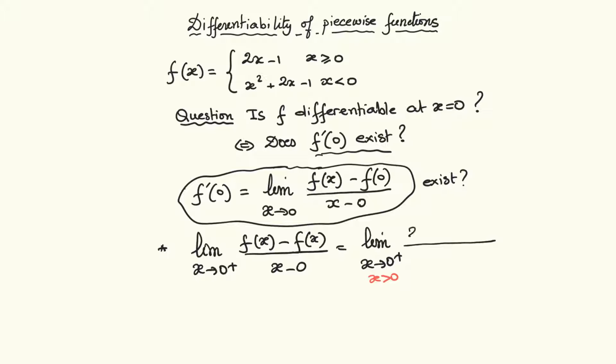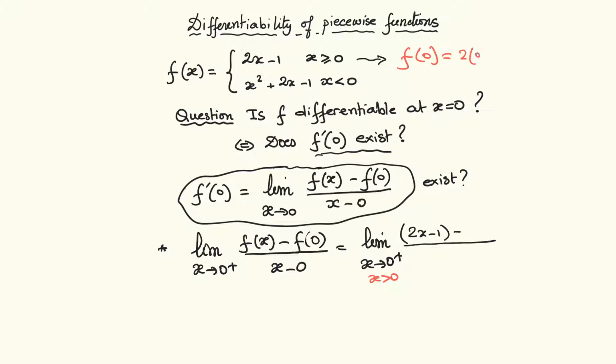So 2x minus 1 minus, okay, now this is f of 0, and f of 0 will come from here because x is greater than or equal to 0.